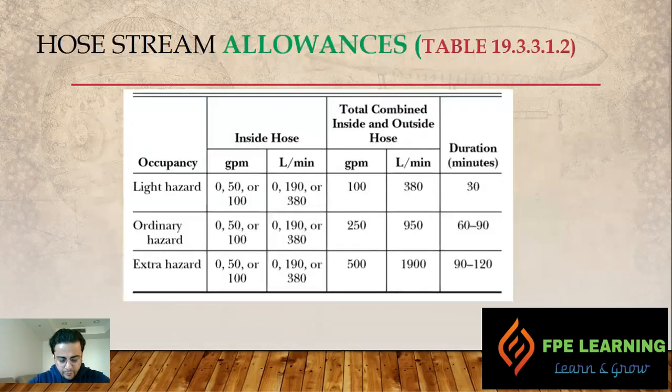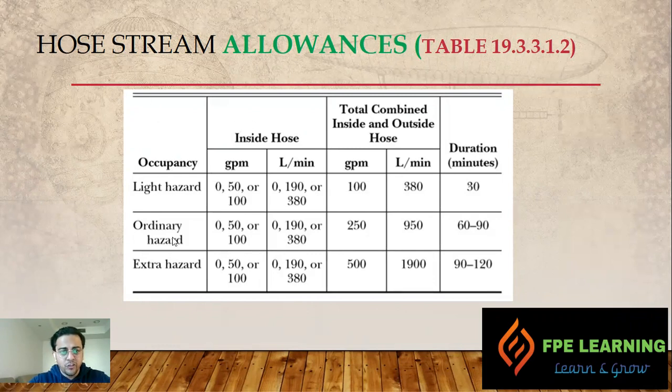Okay, so here we have the hose stream allowances for a sprinkler system. It is categorized based on the occupancies: light hazard, ordinary hazard, and extra hazard. For the light hazard, you can see we have four columns here.